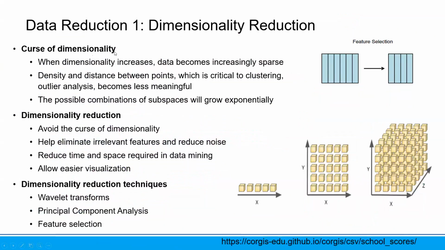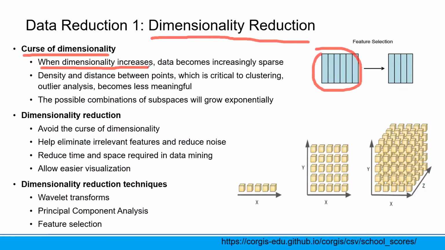So the first is about the dimensionality reduction. What is dimensionality reduction? As I mentioned to you, we have features, we have columns. So we want to reduce the number of columns. This is the curse of dimensionality. When dimension increases, data becomes increasingly sparse.